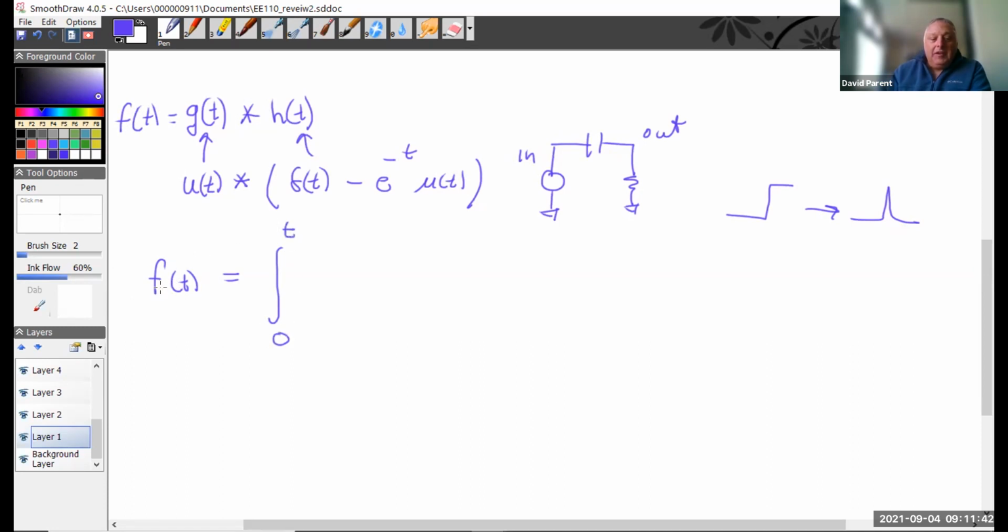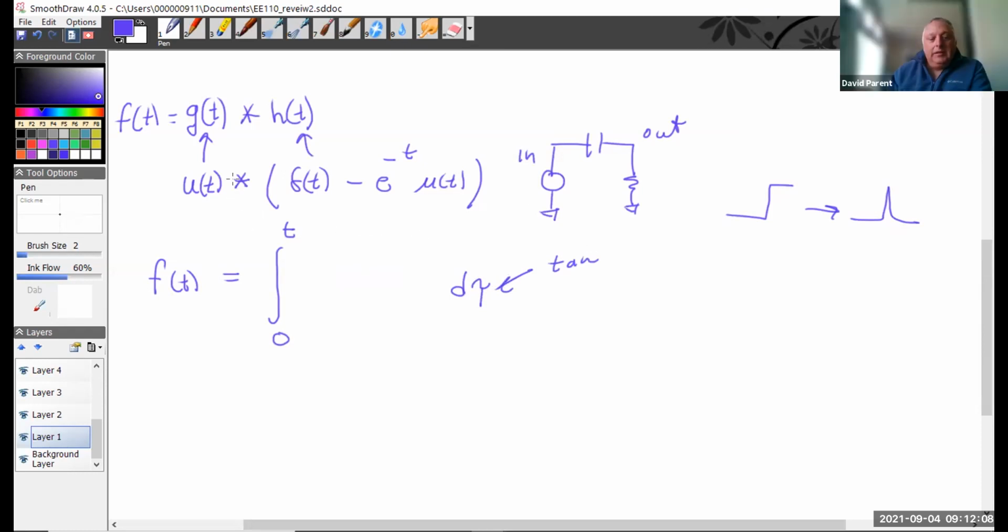So the function of t has to be dependent on t, and that's why it's in the upper limit. All right. Now because t is in the upper limit, we have to use an integration variable, and that's tau.